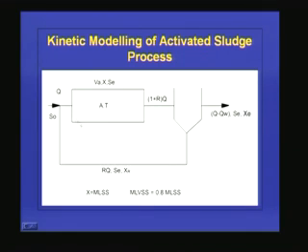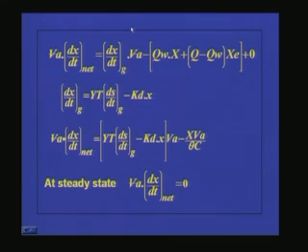We have to take the net rate of change of biomass concentration, which is equal to the biomass generated, the biomass leaving the system, and the biomass entering the system. If you take all those three into account, we can get the mass balance. That is what we have done here.